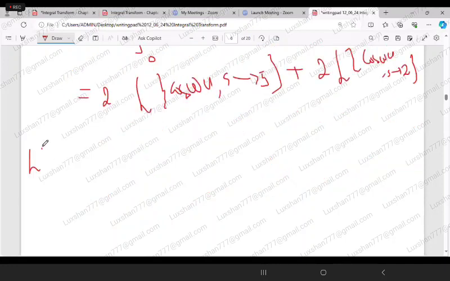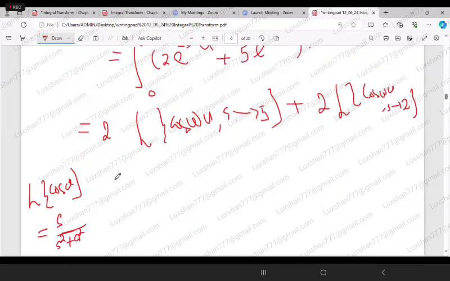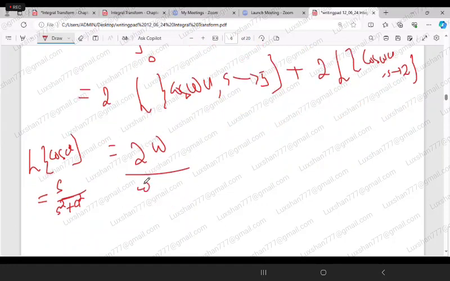So we know that Laplace transform of cos at is equal to s over s squared plus a squared, isn't it? So using this fact, we can write it as 2 times, here our a is omega, therefore 2 times s over omega squared plus 25. Not omega, I'm sorry. That is s, s means 5, therefore that should be 5.